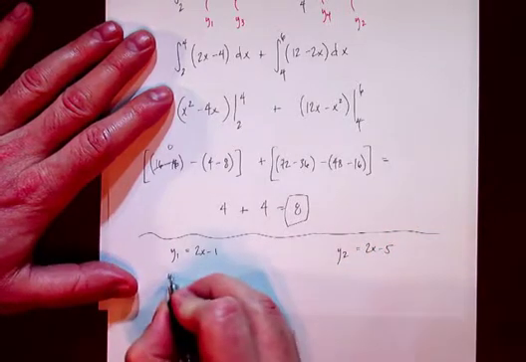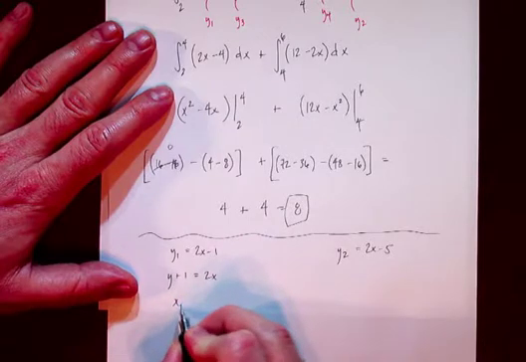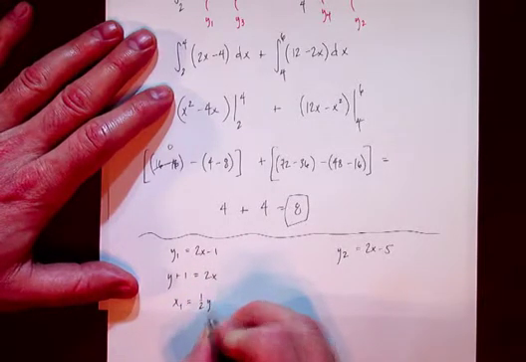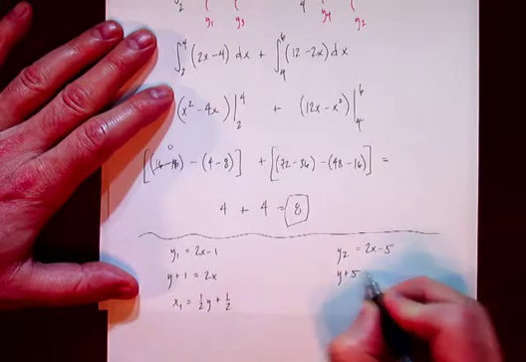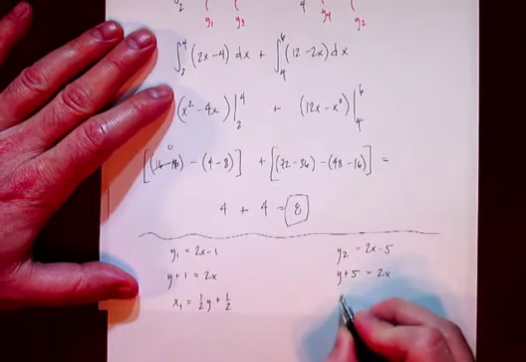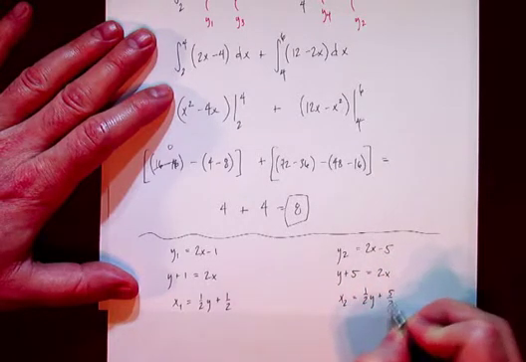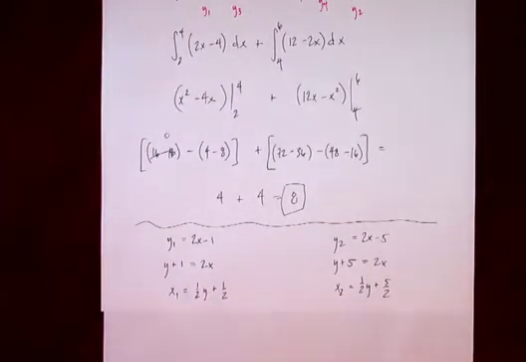Now, if I were to rewrite these in terms of x, I'm going to get x1 equals 1/2 y plus 1/2, and for this one, y plus 5 is equal to 2x, and then x2 is equal to 1/2 y plus 5/2. Now, those are simply a way of rewriting y1 and y2.